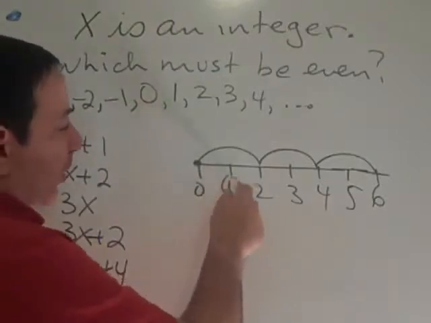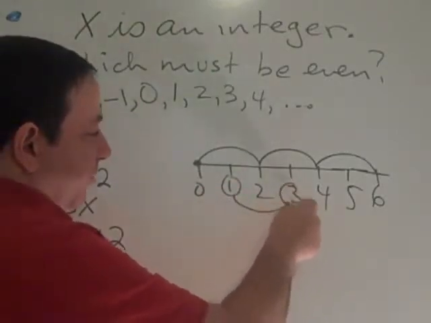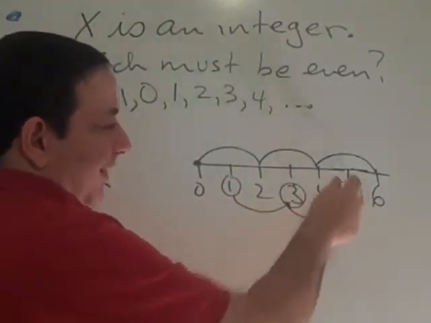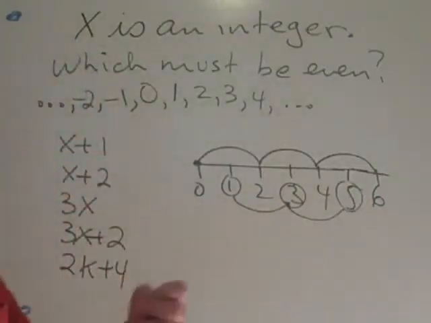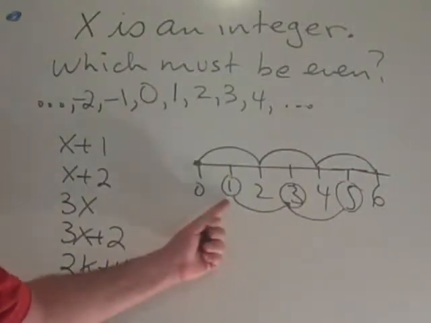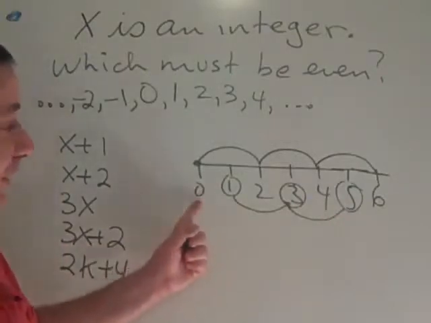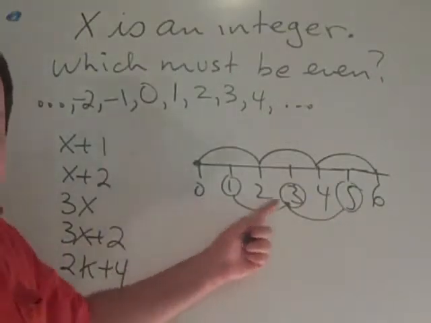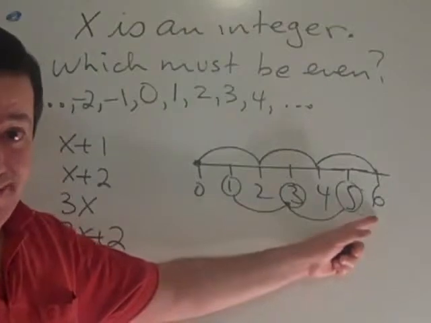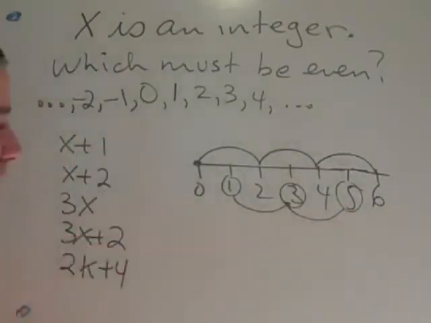If you start with an odd number and you add 2, it stays odd. Every time you add 2 or 4 or 6, if you start with an odd number and you add 4, it stays odd. If you start with an even number and you add 6, it stays even.